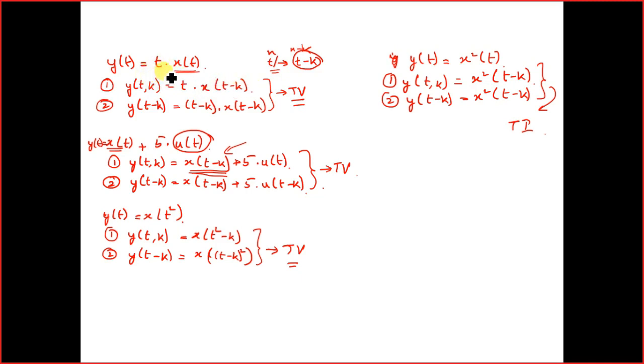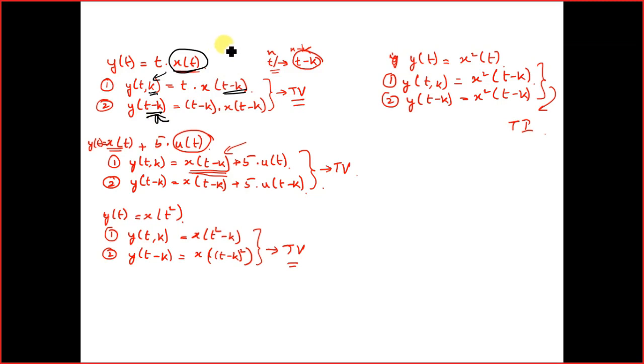In this case, the time t is being delayed by a factor k. That means the signal is being delayed by a factor k, t minus k. In the next instance, whatever t values we have, we will be replacing them with t minus k.